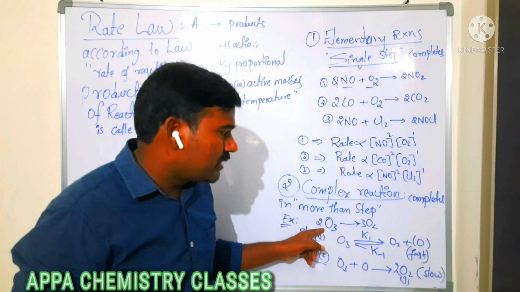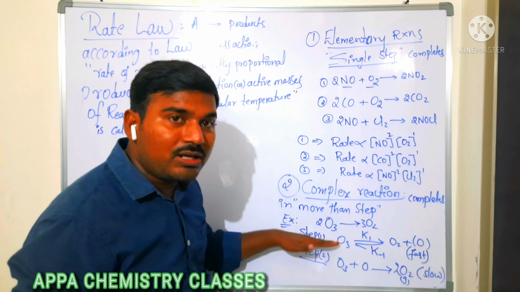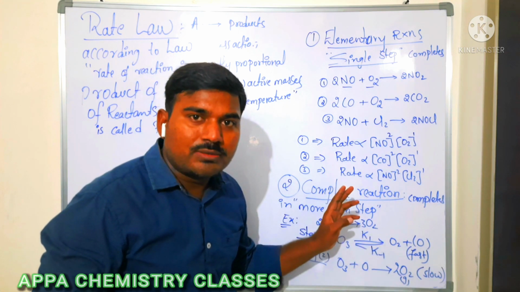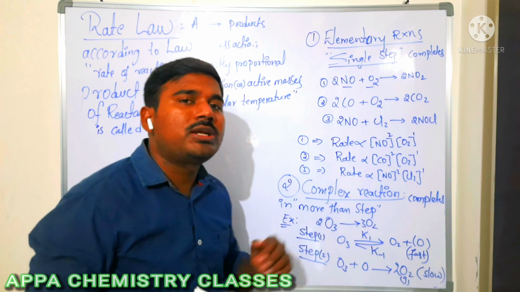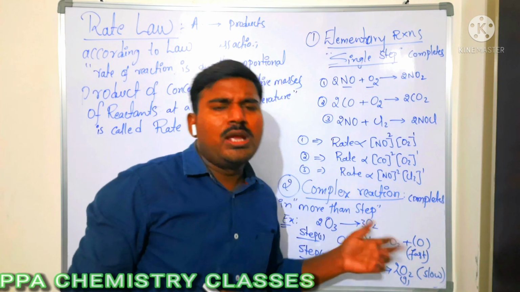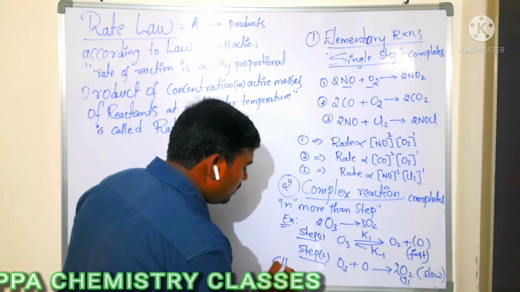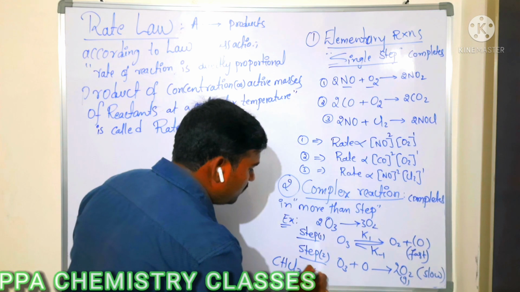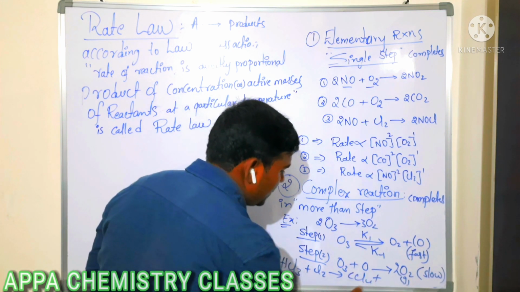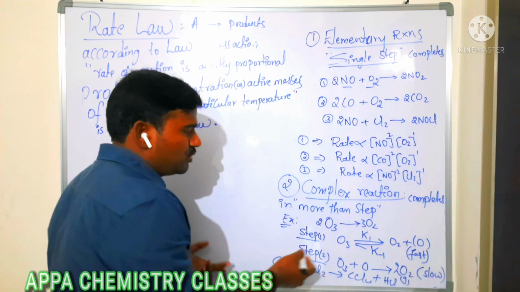These are the steps which are involved in the decomposition of ozone to oxygen. It is one of the complex reactions. Like that you can take more examples. You can take chlorination of chloroform, which is also a complex reaction: you get CCl4 plus HCl. Like that we can take so many examples.